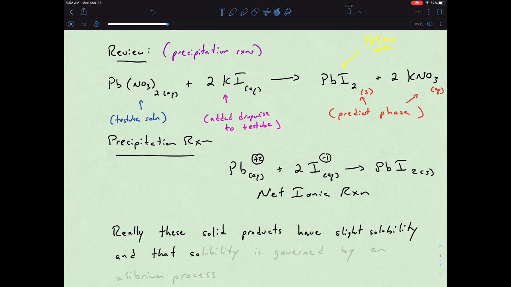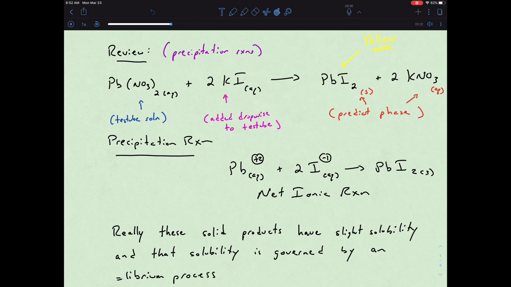And that solubility is governed by an equilibrium process.